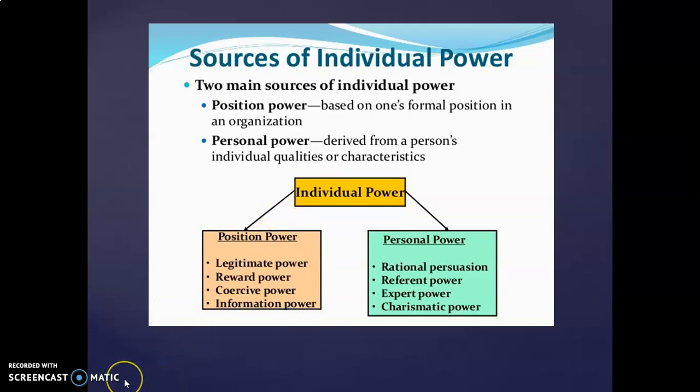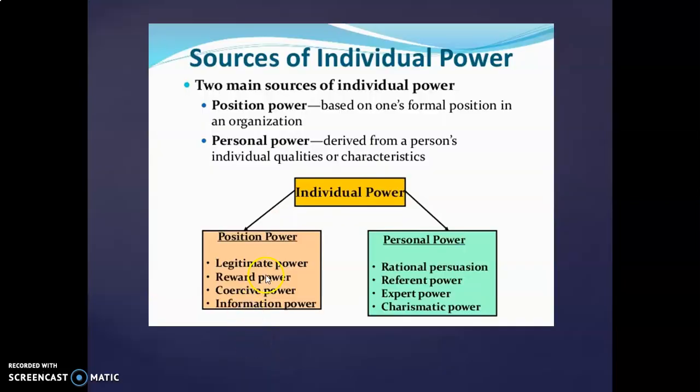Now coming on to the sources or bases of power. There are 2 main sources of individual power: position power and personal power. Position power is based on one's formal position in an organization, while personal power is derived from a person's individual qualities or characteristics.